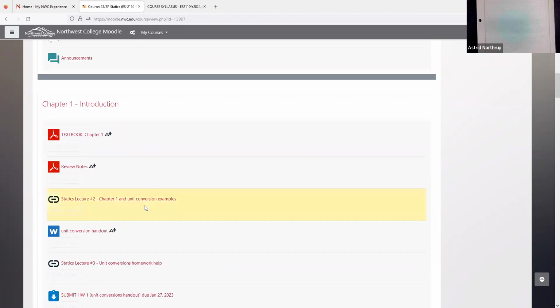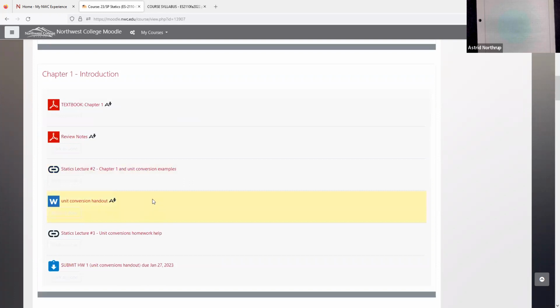The way I have the material broken up on our Moodle page is that every chapter is broken down. In the beginning, I have PDFs of the textbook put up here. I don't have the entire textbook up. You should buy the textbook at some point, but sometimes people don't have it at the beginning of the semester.